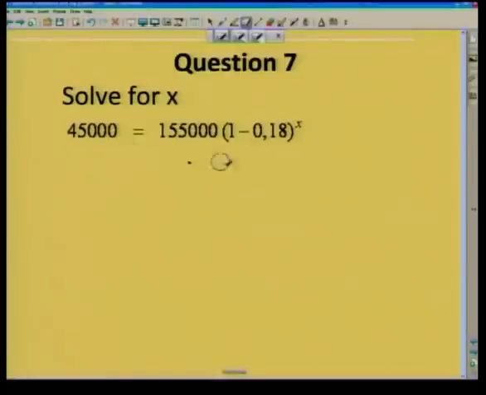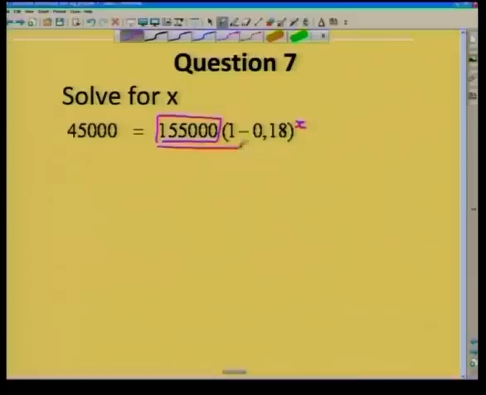Let's get rid of that. Well, we see that the thing we're looking for is this x up here. So the first thing I'm going to do is get rid of this thing here. To do that, I divide this side by 155,000 and this side by 155,000. So, right, let's pull the calculator up.